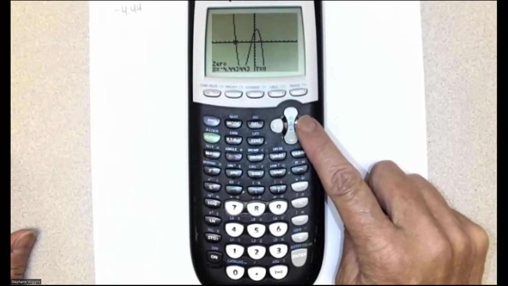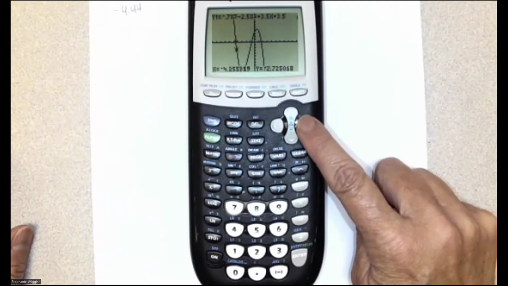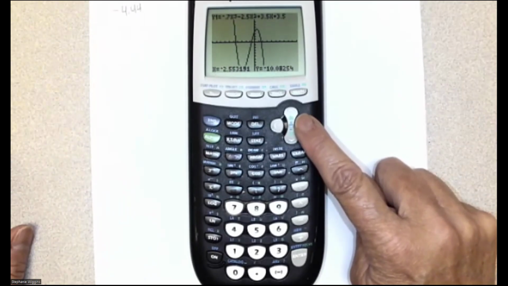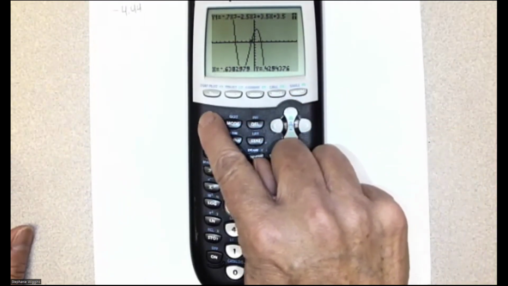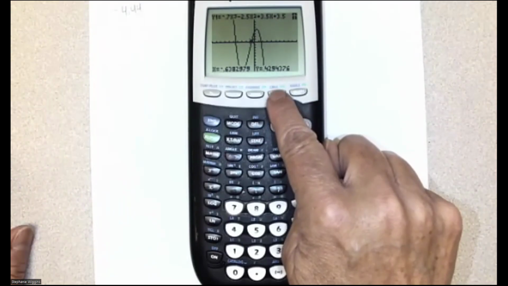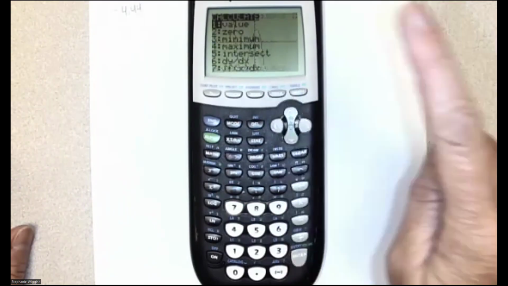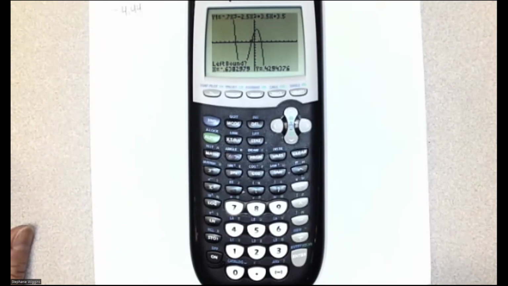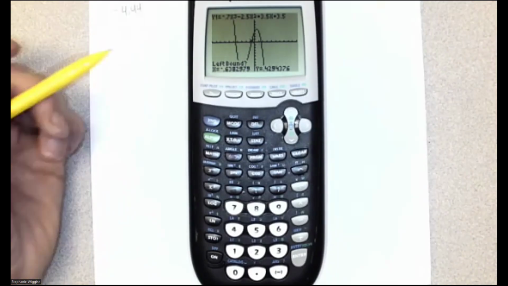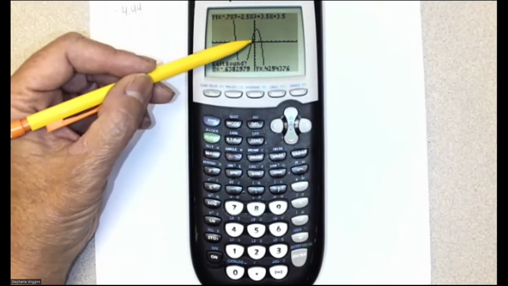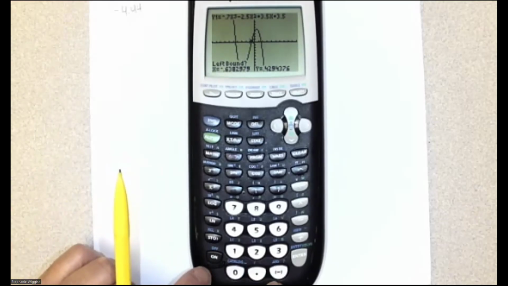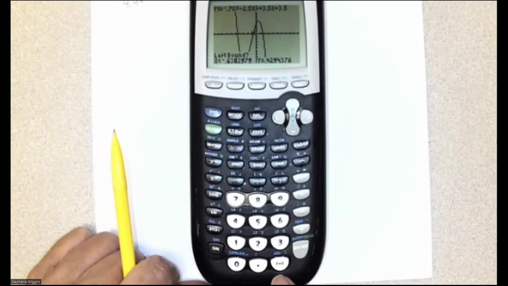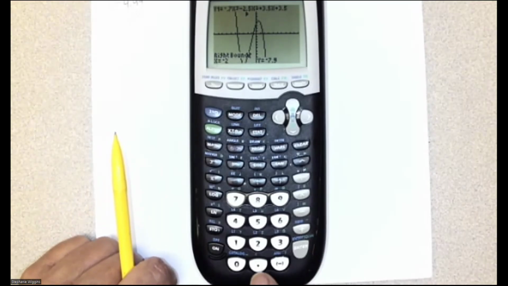Now I'm going to select trace again, and I'm going to move to our next zero. And then I'm going to do second calc or second function trace, which is calc. And I'm going to select 2 for zero. And it's asking me again for the left bound. Now I'm just going to say -2 on one side and 0 on the other. So I'm going to enter in this -2, enter, and then 0, enter is my other bound.